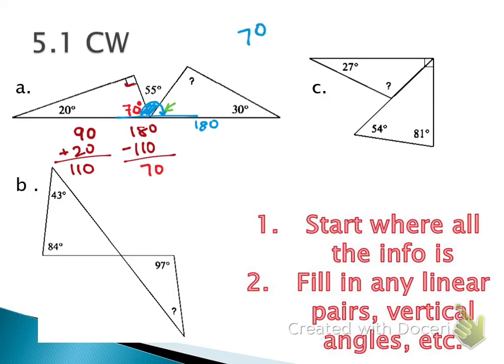So what is 70 plus 55? 125. So of the 180 degrees, we have 125. So to find what's missing, you subtract that. So the other angle is 55 degrees. Are we all okay with this? So then from here, this is where I leave you, because now you have a triangle, and you have 2 angles in a triangle. You can find the third angle.